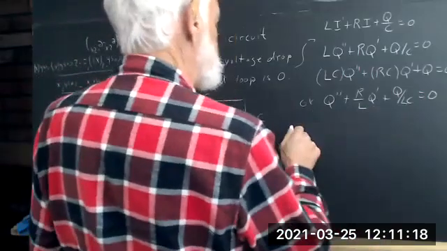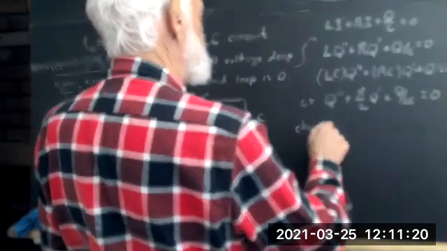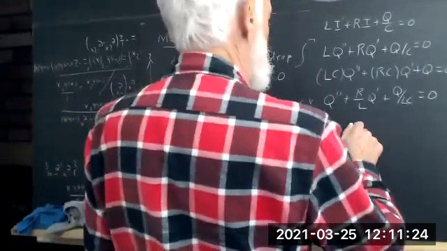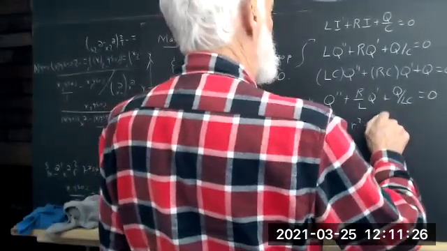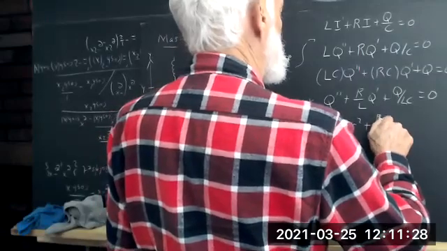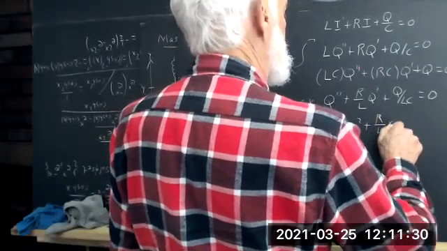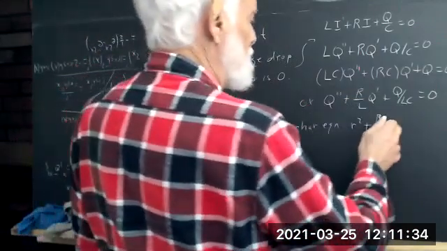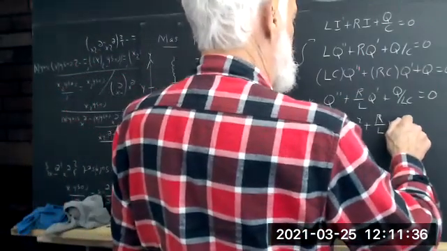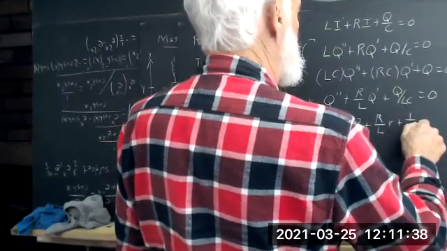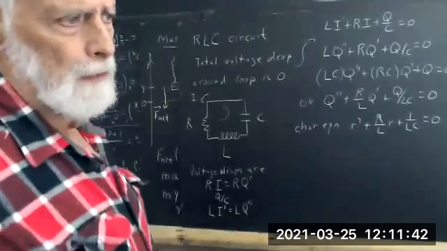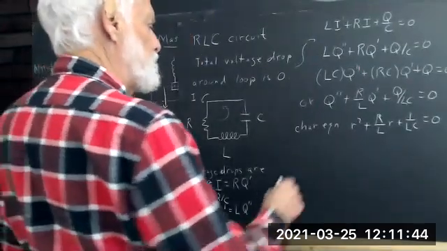In this form, the characteristic equation is r squared plus R over L r, and capital R resistance versus lowercase r, plus 1 over LC equals 0.